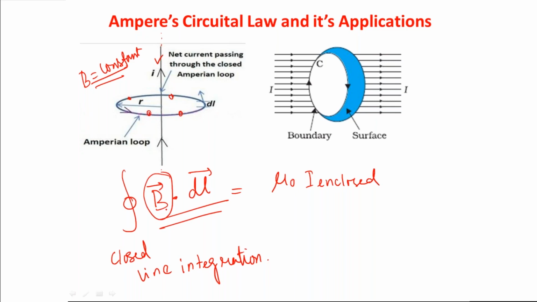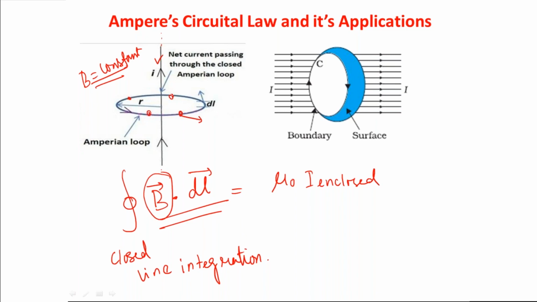Another important point: this type of integration is called tangential integration. So in this case, the magnetic field you have to take is the tangential component of the magnetic field. Tangential component means the direction of the magnetic field has to be tangent to the point I consider.